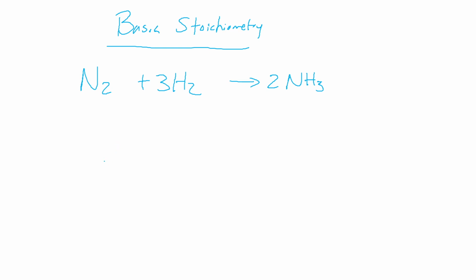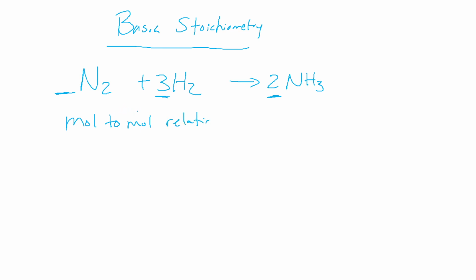And now we have a balanced equation, and from this balanced equation we could look at the coefficients. The coefficients from the balanced equation is what is sometimes referred to as the mole-to-mole relationship.